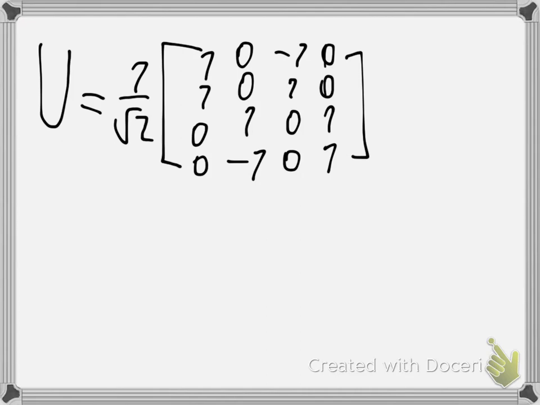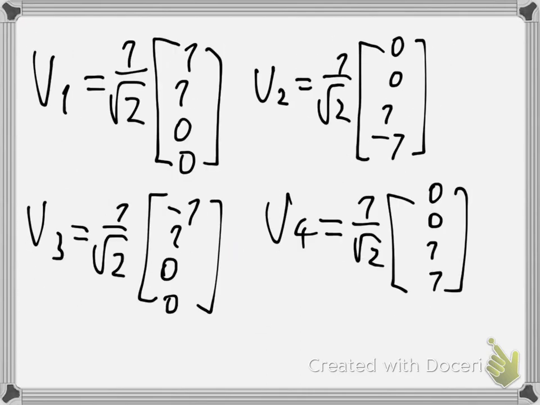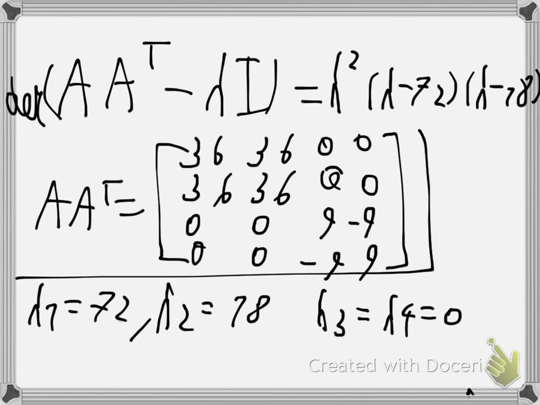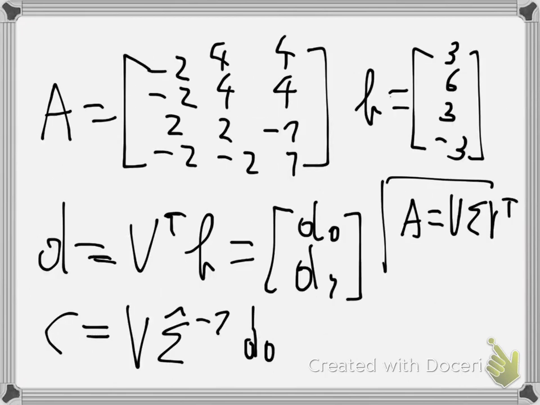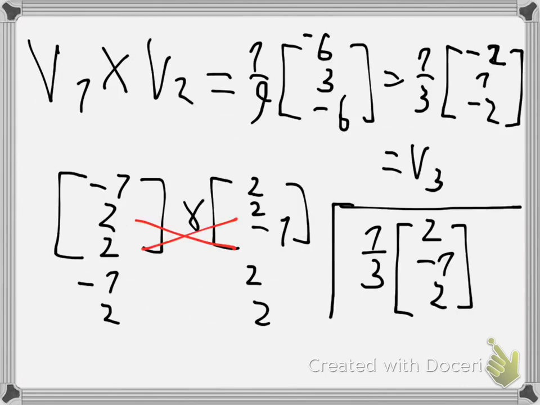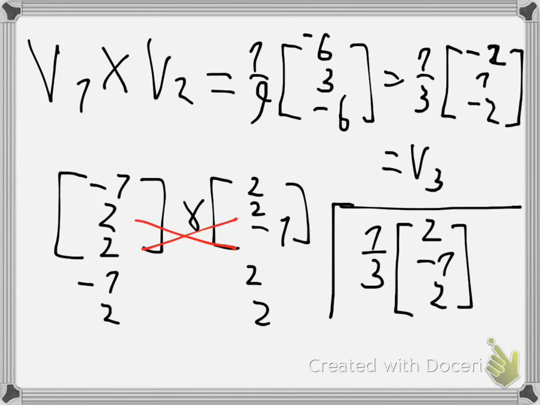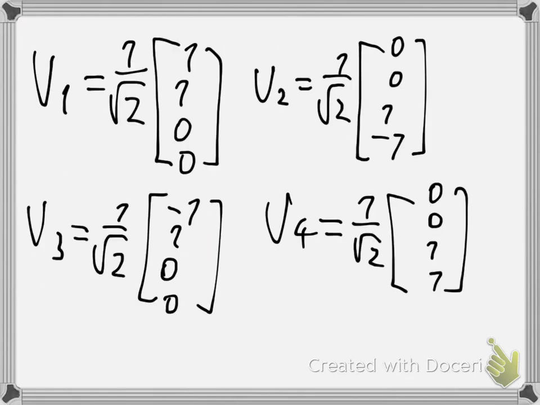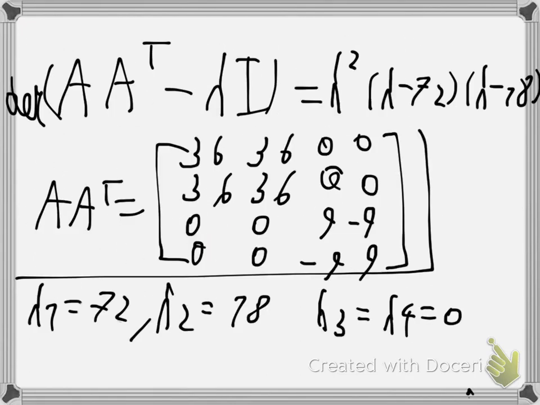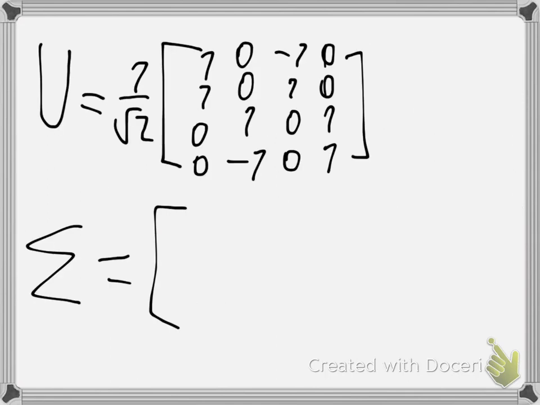Your matrix sigma will be of the same size as your matrix A. It will be a 4 by 3 matrix. Its entries, so we had two eigenvalues, 72 and 18, and the two others are zeros.